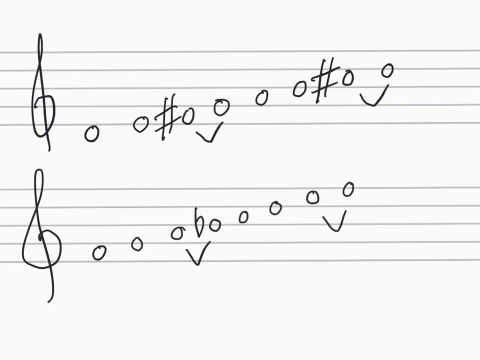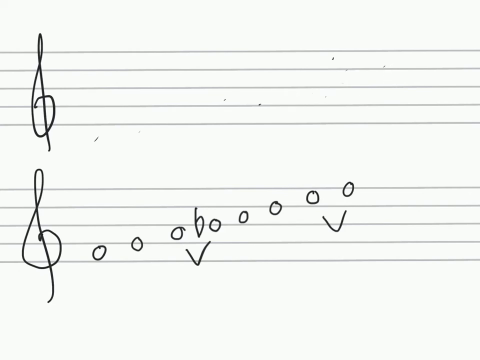Okay, let me erase the D major scale, and I'll write a scale based on B flat. So now B flat's going to start, and I want a whole step. B flat to C is a whole step. C to D is a whole step. I want a half step now.